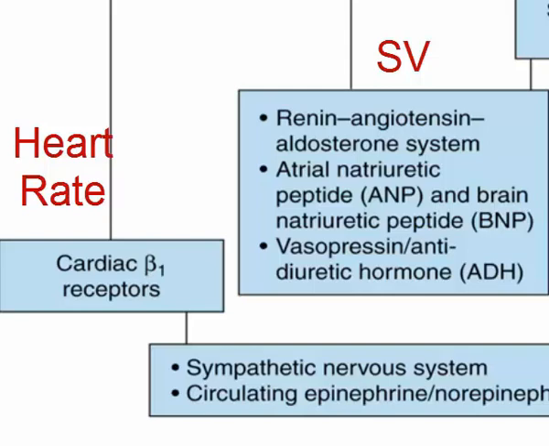So when you are stressed, anxious, afraid, exercising, or have a fever, all of these things call for an increased heart rate. The nervous system recognizes that, puts out epinephrine, and activates these beta 1 receptors, which increases the myocardial contractility, which basically means you're increasing the heart rate.